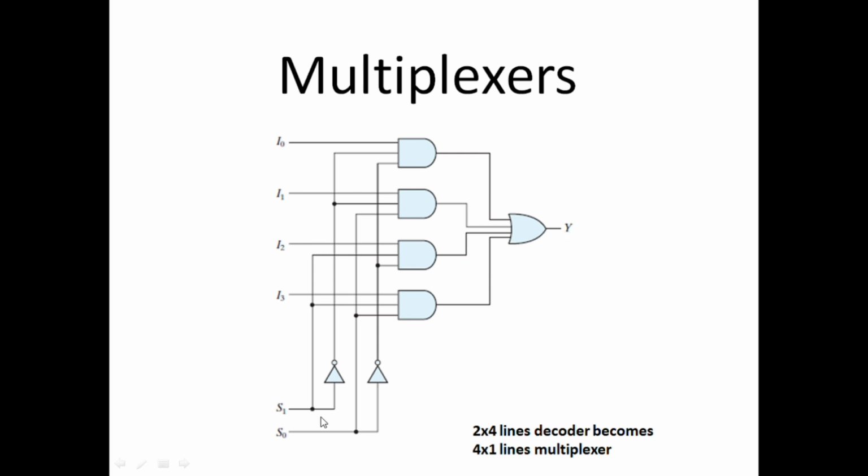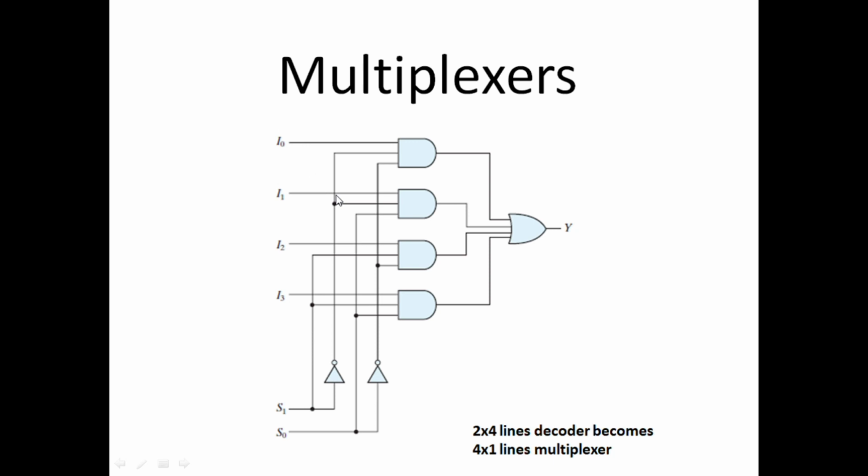So this was initially a 2x4 lines decoder, but now it has become a 4x1 multiplexer, because 4 are the inputs and 1 is the output. These two are the select lines of this multiplexer, because these two lines can select one of these inputs to be connected to Y.